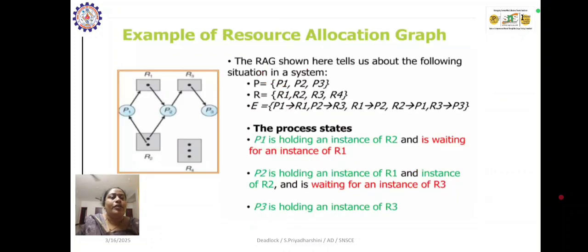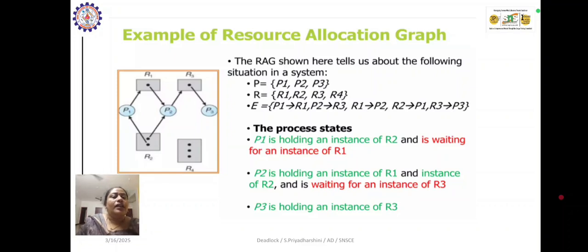Now an example of a resource allocation graph. Here the processes are P1, P2, P3, the resources are R1, R2, R3, R4, the request edges are P1 to R1 and P2 to R3, and the assignment edges are R1 to P2, R2 to P1, and R3 to P3.